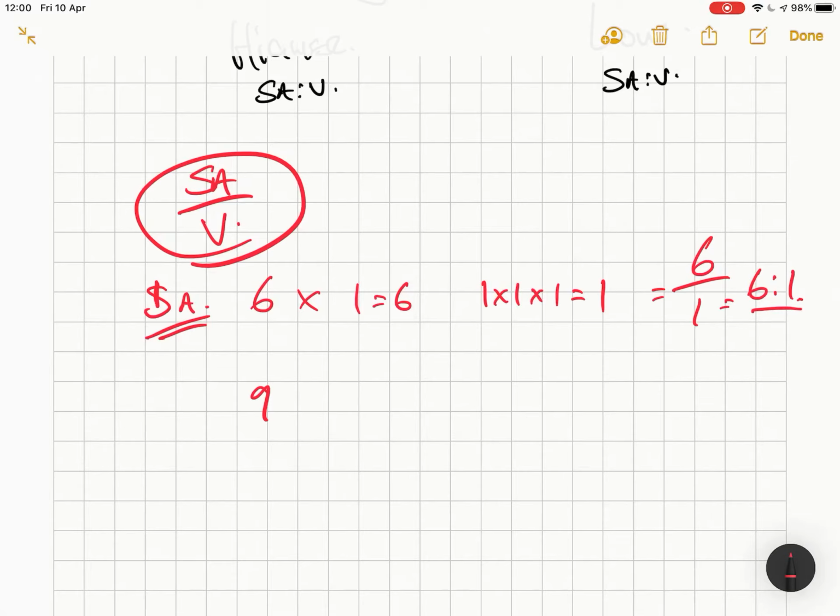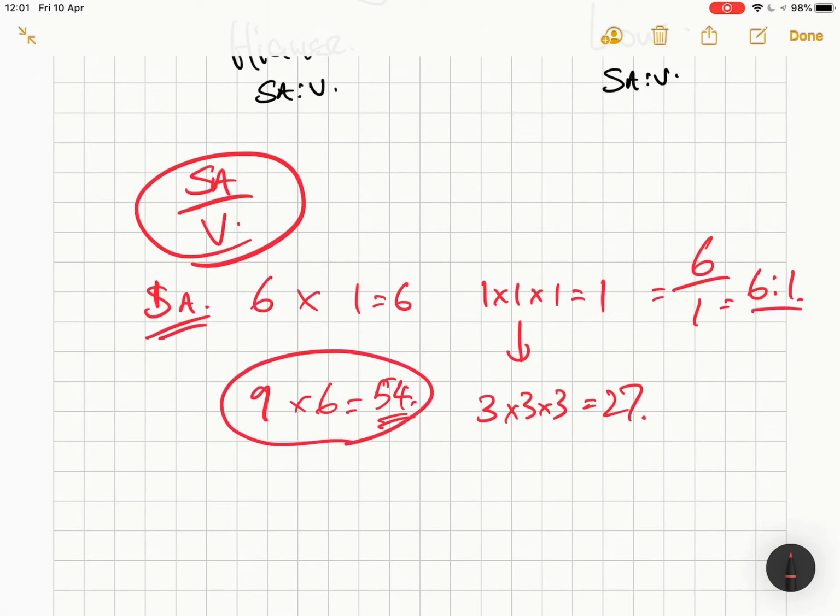The volume is going to be just like before, length times width times height, 3 times 3 times 3, which is going to be 27. Big problem, we haven't done this, have we? The surface area, which is 3 by 3, which is 9, and then we've got 6 sides, so 9 times 6 is 54. So we've got a surface area of 54 and a volume of 27.